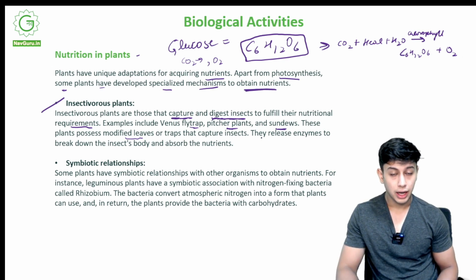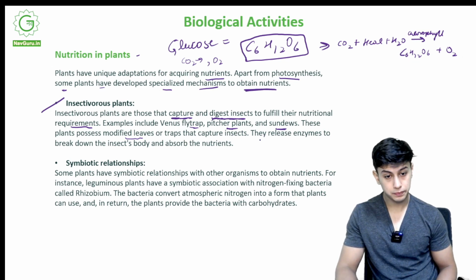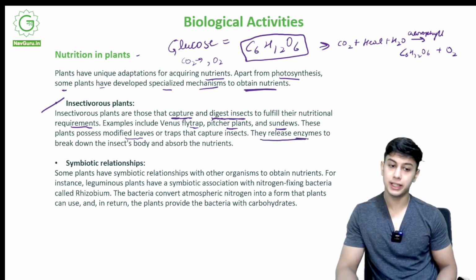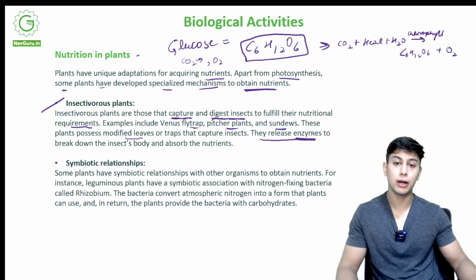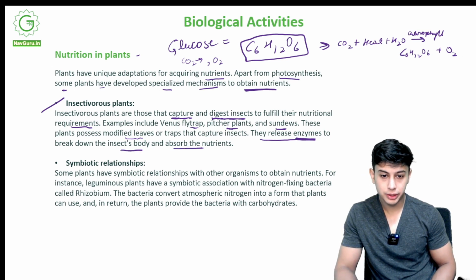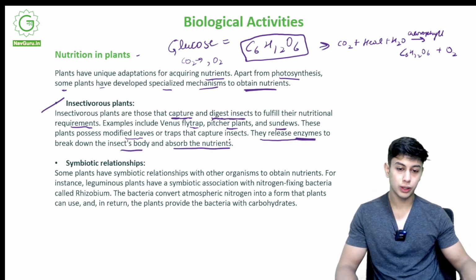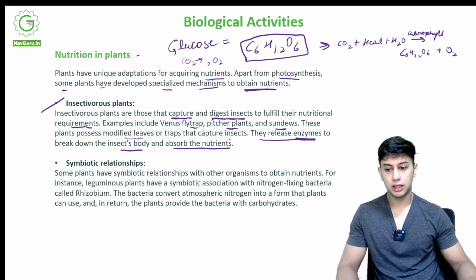And it is also sticky, so that the insect is not able to escape. They release enzymes. Again, enzymes are biological chemicals that help break down the insect's body and absorb the nutrients. Again, this is insectivorous.